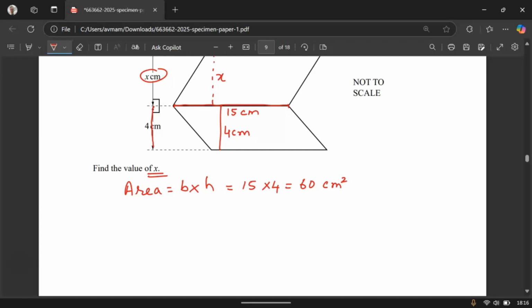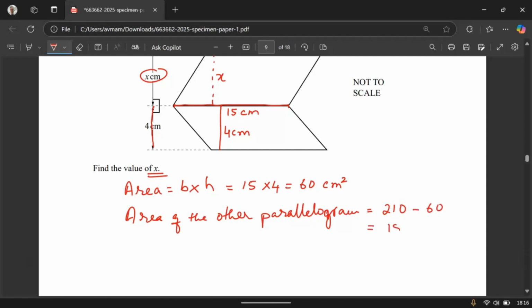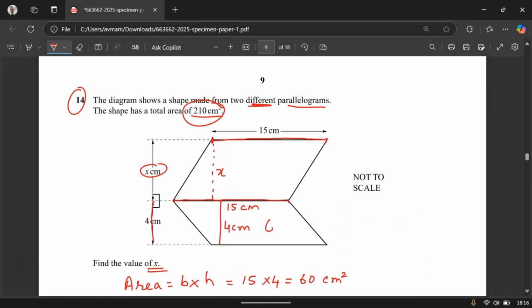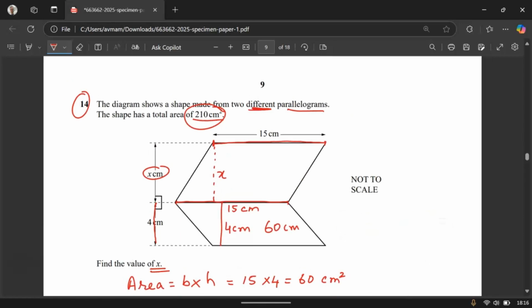Let us find the area of the other parallelogram. It would be 210 minus 60, and that is equal to 150 square centimeters. Okay, this one is 60 square centimeters, and for this one it is 150 square centimeters.